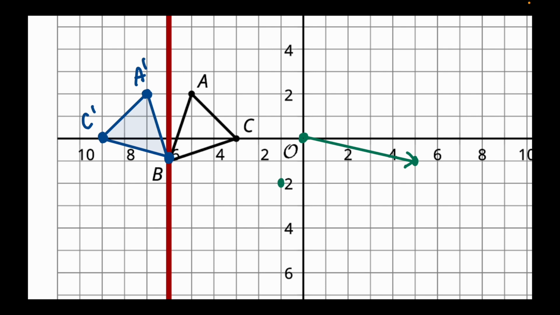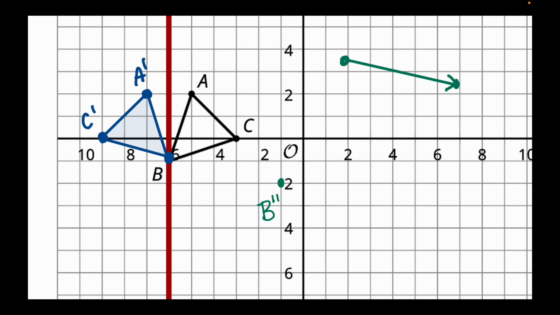Actually, I'm going to erase this just so that it's not in my way. You know what? Because I am going to use it later, so let's move this to the side and just keep it waiting. It just looked like it was going to be in the way of my current points that I'm trying to plot. So this one here is now going to be B double prime.